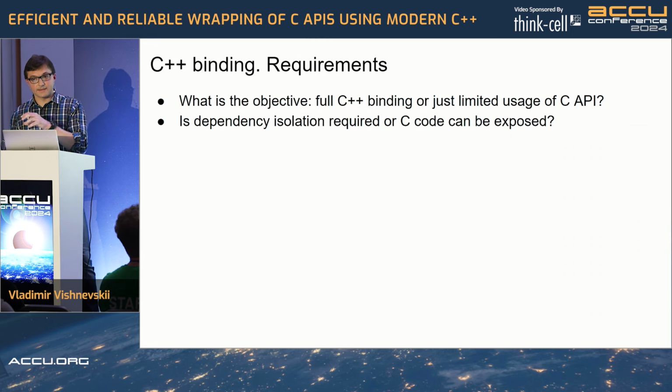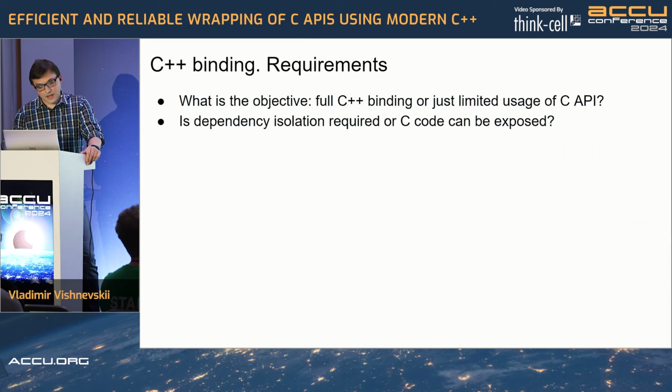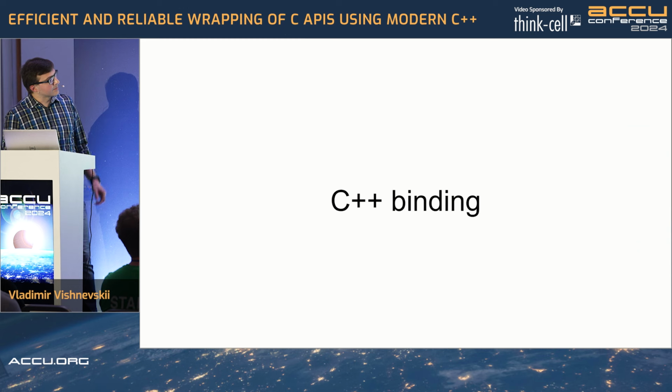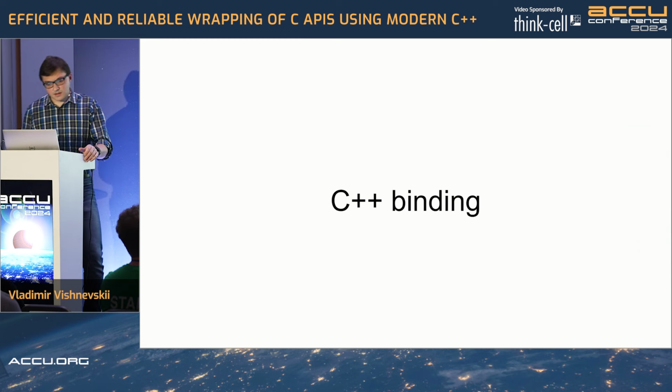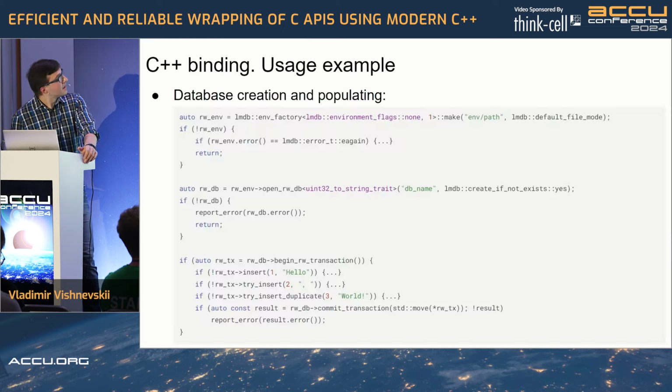If we want to hide those dependencies in C++ source headers and make them completely invisible, then we will be limited, because a lot of meta-programming techniques will not be available. But as I said, we will be going in the direction of binding, and let's review some usage example of some hypothetical design of the binding that we could elaborate.